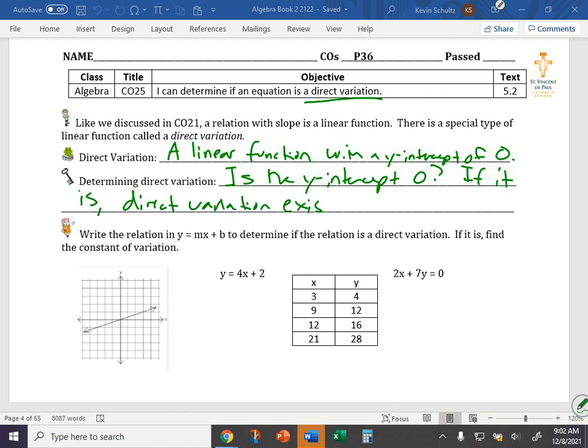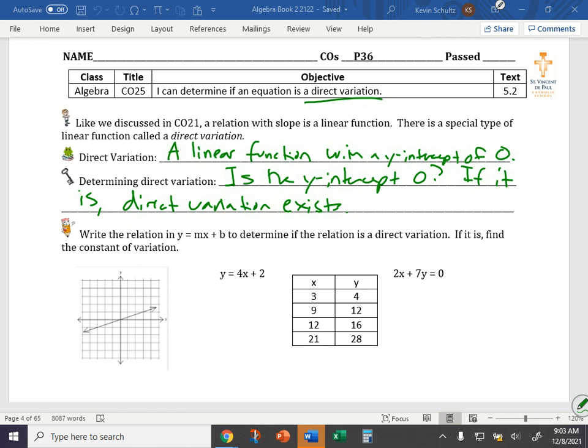That's basically it. Okay, so we're still working with slope intercept form. We're still working with writing equations, but now we are looking for those types of equations where that y-intercept equals 0.